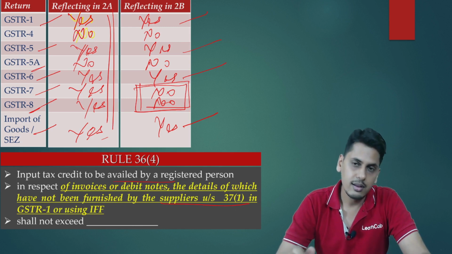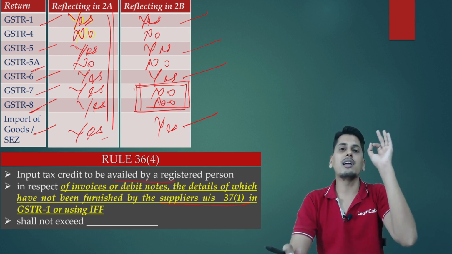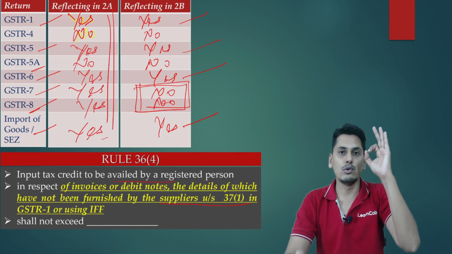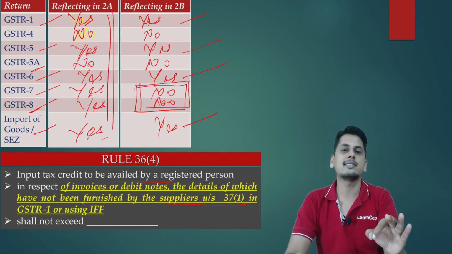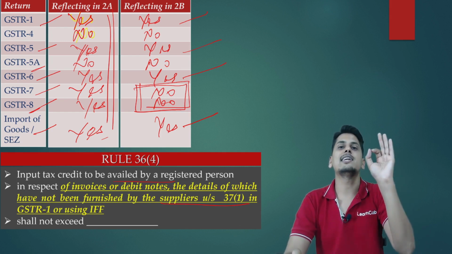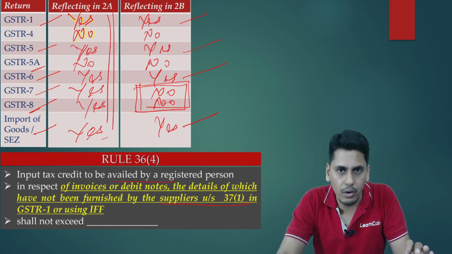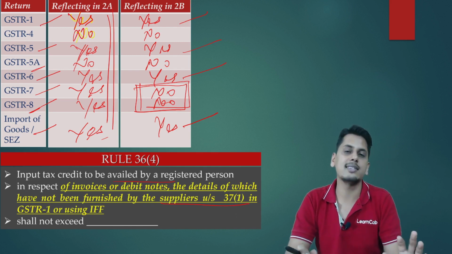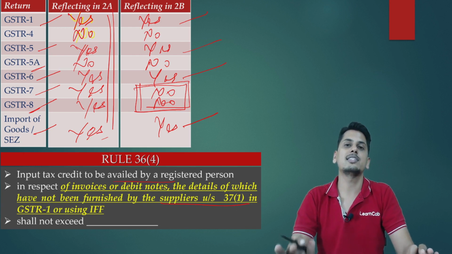So friends, this is crystal clear that the applicability of 36 sub rule 4 is only going to be on those invoices, those documents, the source of which is GSTR-1. I repeat, the applicability of 36 sub rule 4 will come into existence only for those documents, the source of which is GSTR-1.